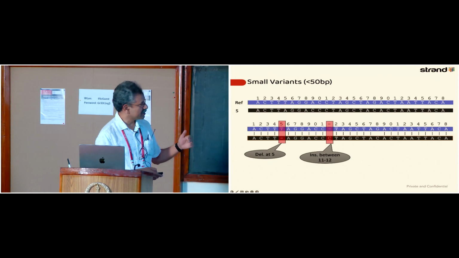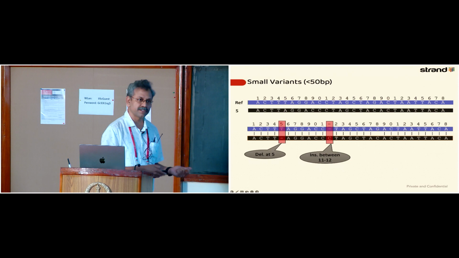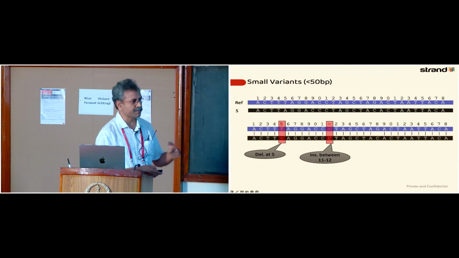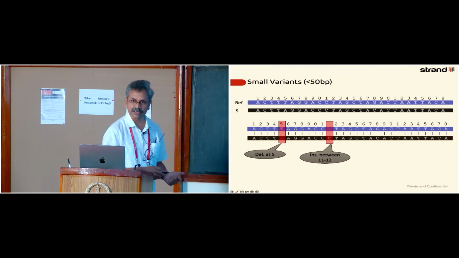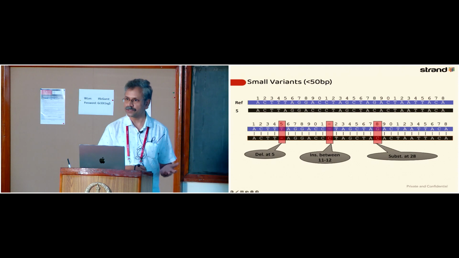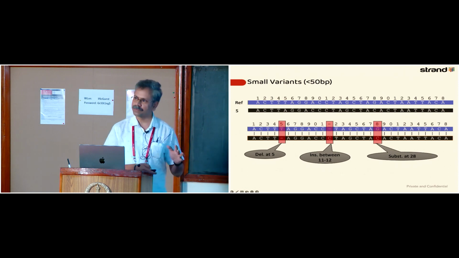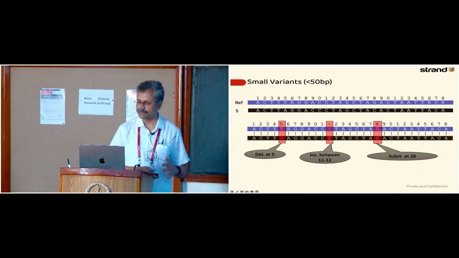Here there is an extra C that is there in the sample, which is not present in the reference genome. So that is an insertion that is happening in the sample. Finally here the reference genome has a G, whereas the individual has a C, so you'll call that a substitution. So pretty much all of the small variants until 50 base pairs or so, you can identify by simple string matching algorithms.